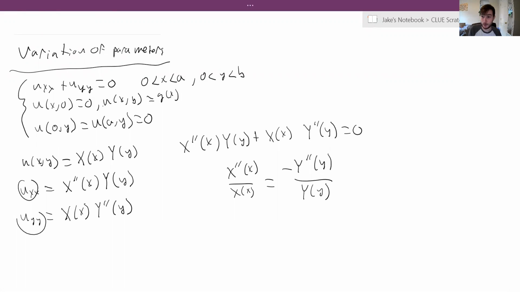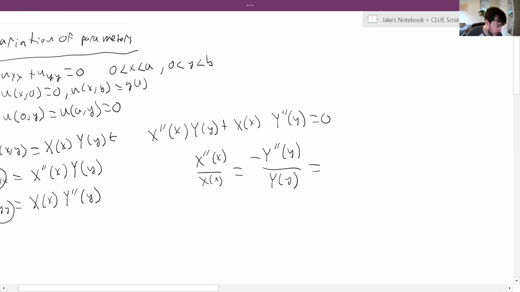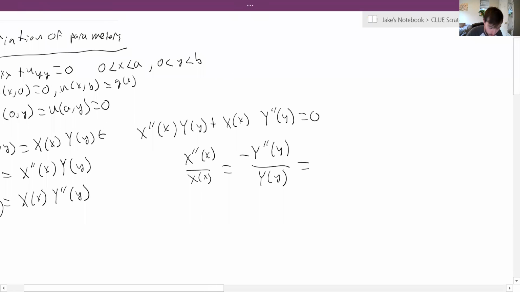So this is the next crucial thing we do in variation of parameters. The first one, remember, was assuming that we can decompose this u of x, y as some function of x times some function of y. The next thing we do is, it's not quite an assumption, but we just say, okay, this is kind of confusing, so we're going to call this sigma.